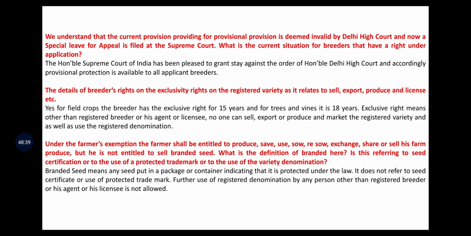Exclusive right means that other than the registered breeder or his agent or licensee, no one can sell, export, produce and market the registered variety, as well as use the registered denomination. Under the farmer's exemption, the farmer shall be entitled to produce, save, use, sow, resow, exchange, share or sell his farm product, but he is not entitled to sell branded seeds.